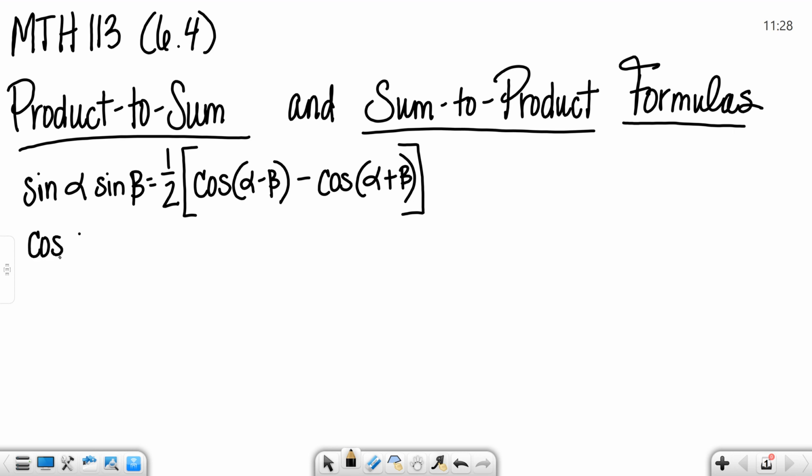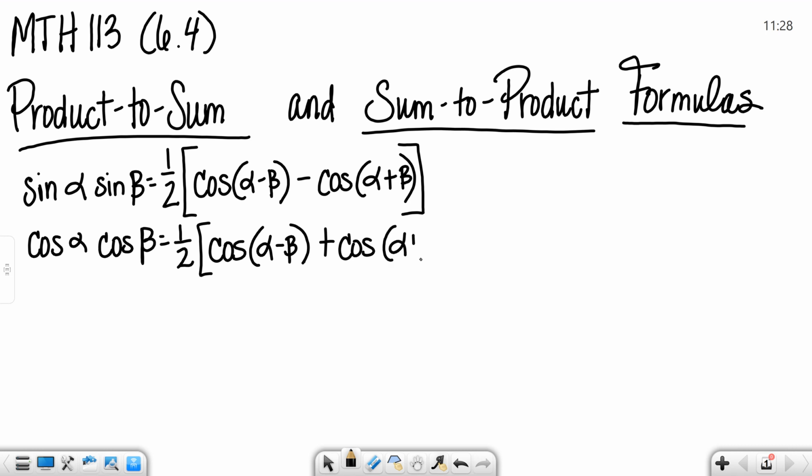Then if I am multiplying the cosine of alpha times the cosine of beta, again, it is 1/2 times the cosine of alpha minus beta plus the cosine of alpha plus beta. You do not have to memorize these formulas, but it is important that if you are using them, like sitting them beside you to do your work, that you have them accurately copied over.